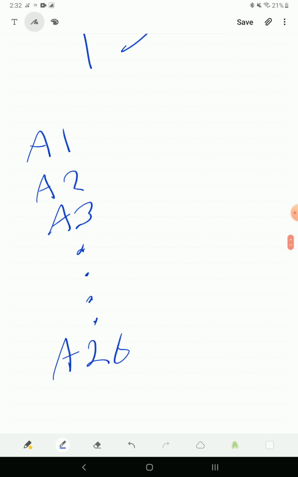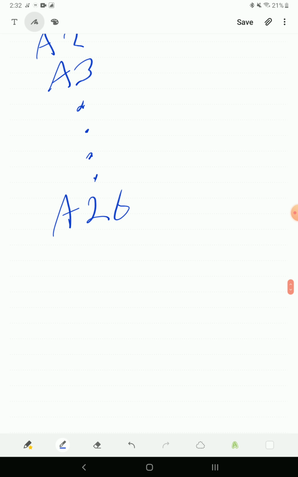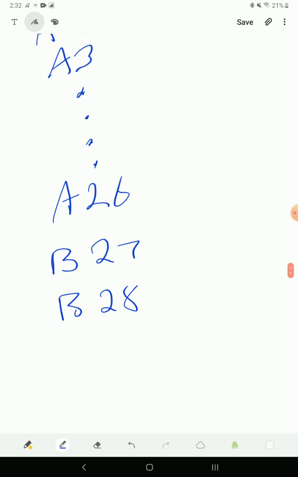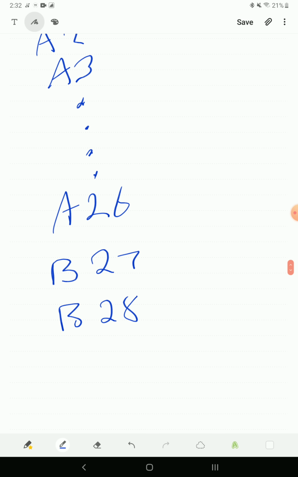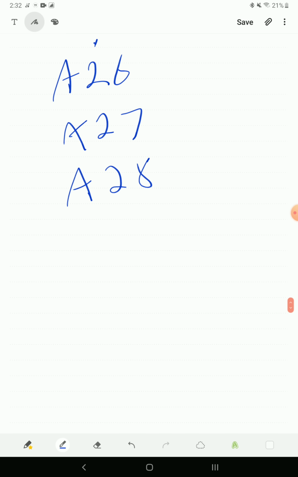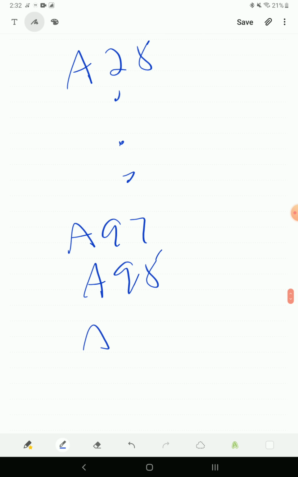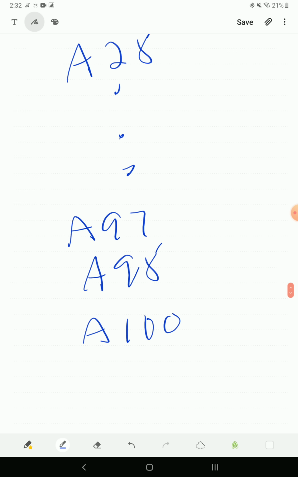And then we'll start over: A27, A28, A29, A30, A40, A50. Keep going all the way down to A97, A98, A100. Just think of it like this.